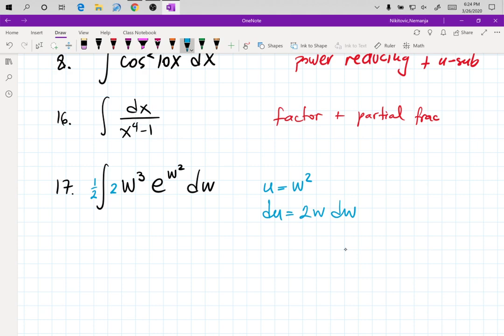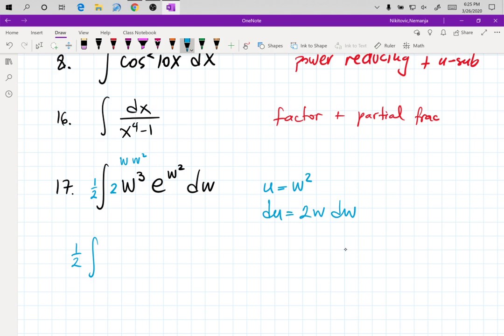Now, most of these problems you just have to try. So where does it go? If I split this w cubed into w and w squared, I can use 2w for du.